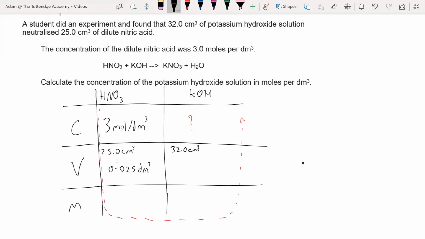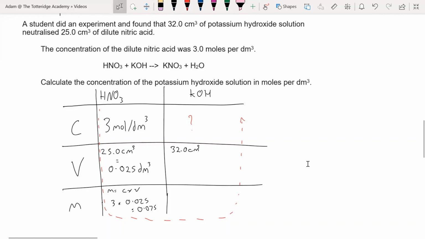All right, so how many moles have I got? Well, I know that moles is concentration times volume. So I'll do concentration, which was 3, times my volume, which is 0.025. Plug that into my calculator and I get 0.075.